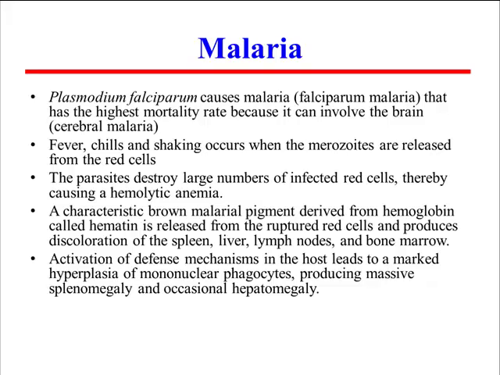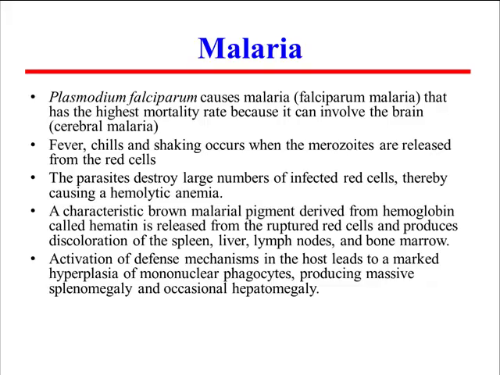It is caused by one of 4 types of protozoa, but the most important one is Plasmodium falciparum. It is the most serious one because it can involve the brain. So all protozoa are transmitted by the bite of a female mosquito, and humans are the only natural reservoir.